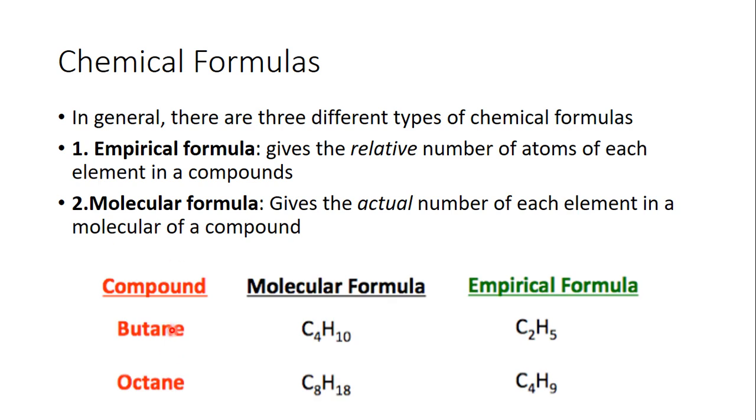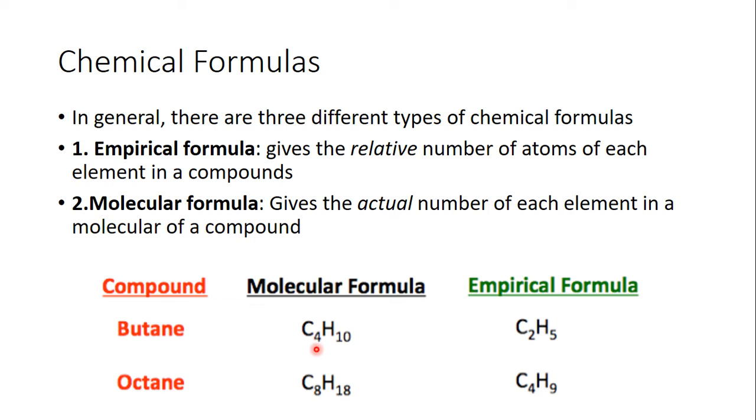Let's look at 2 different compounds, butane and octane. The actual number of atoms in these compounds is given by the molecular formula. So we have C4H10 for butane and C8H18 for octane. However, to get the empirical formula, you take your molecular formula and you divide it by the greatest common factor.